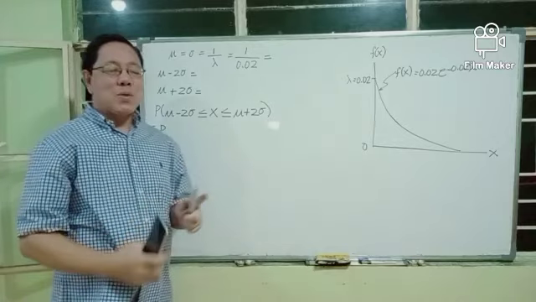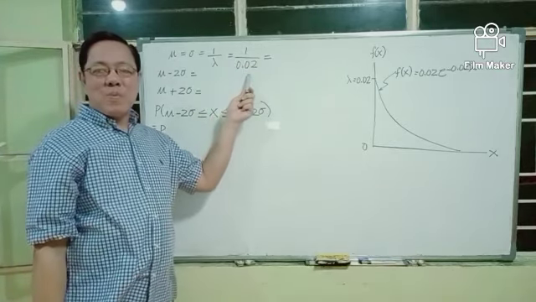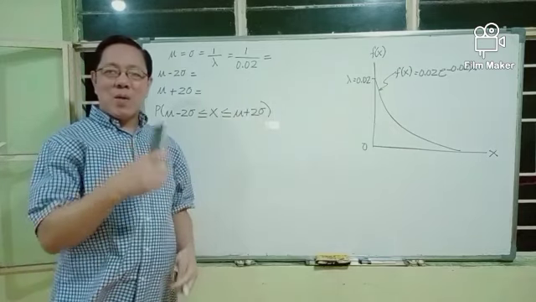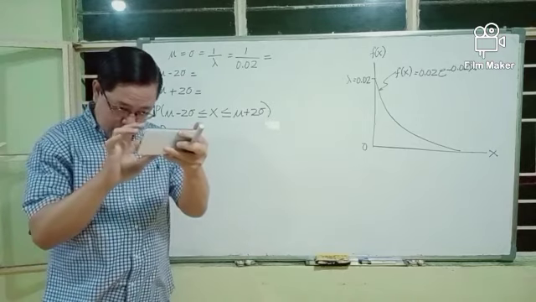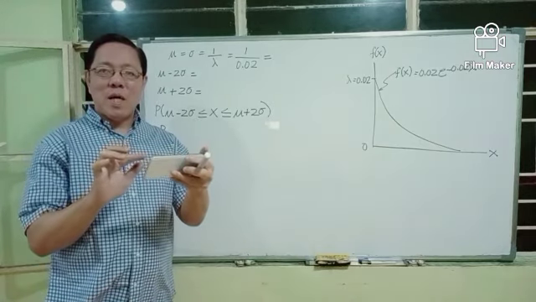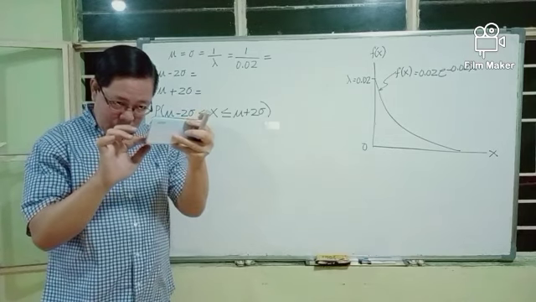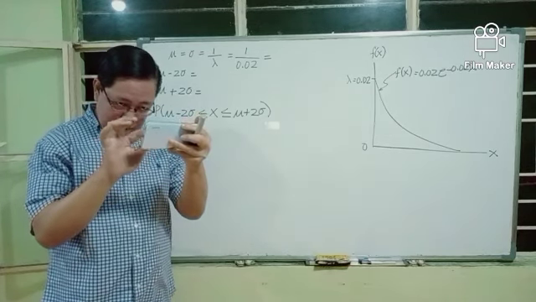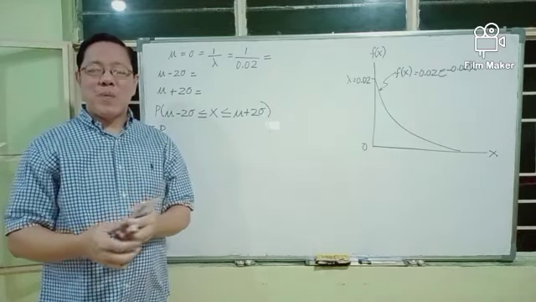We calculate 1 over lambda, or 1 over 0.02, using our calculator. We have 1 divided by 0.02, and we get 50.